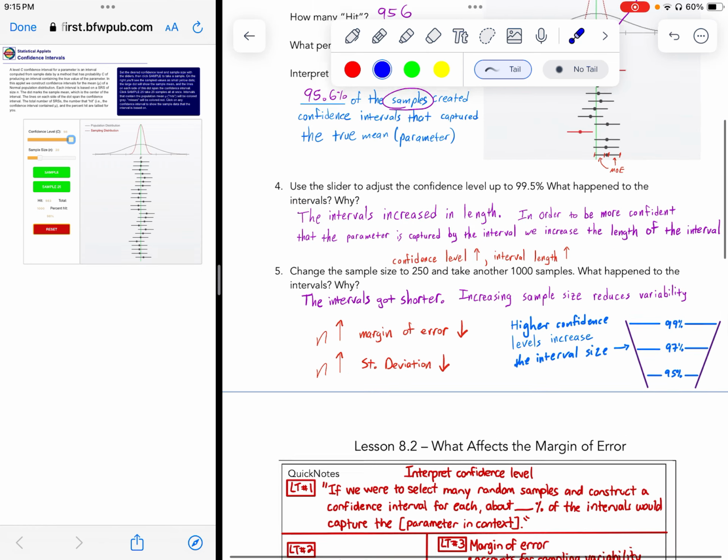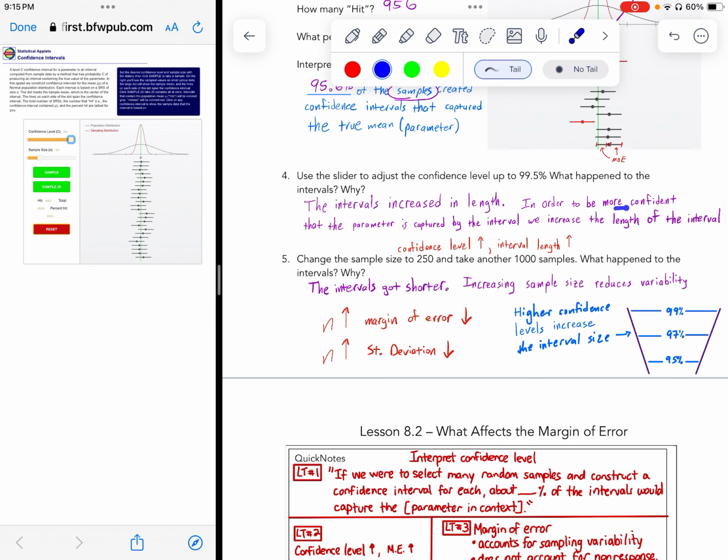In order to raise your confidence that the parameter is captured by your interval, you would have to increase the length of your interval. So the final takeaway is this: if your confidence level goes up, your interval length goes up. If your confidence level goes down, your interval length goes down.